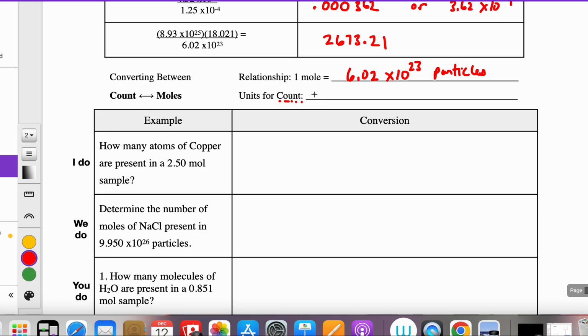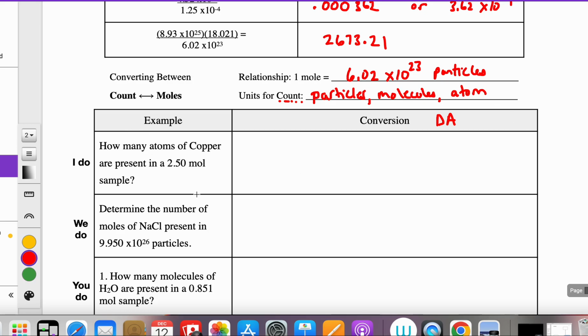For example, the most general one would be particles. It could be referred to as molecules. But if we are counting the individual particles present for a single element, then it could also be referred to as an atom. So once again, when you go to solve these, the work needs to be shown as dimensional analysis.